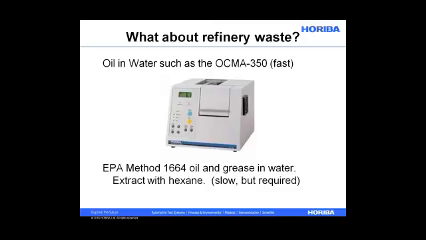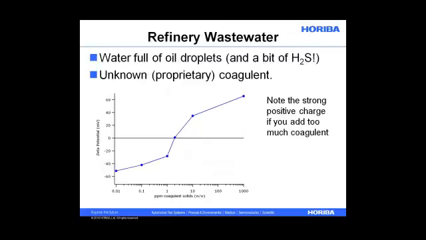What about oily waste or oil and water? Things you can measure include Oakland 350, or doing hexane extraction, which is fairly slow, EPA method 1664. So I could take some oily waste and plot zeta potential as a function of coagulant, and this is parts per million coagulant solid, so really it's the mass of coagulant versus the mass of dirty water suspension.